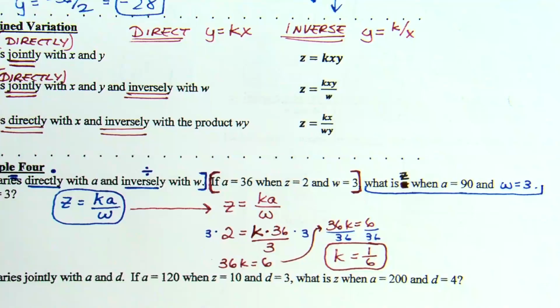What is Z when A equals 90 and W equals 3? You see where to go here? Put in the numbers. So we're going to put A and W in and the K we found.